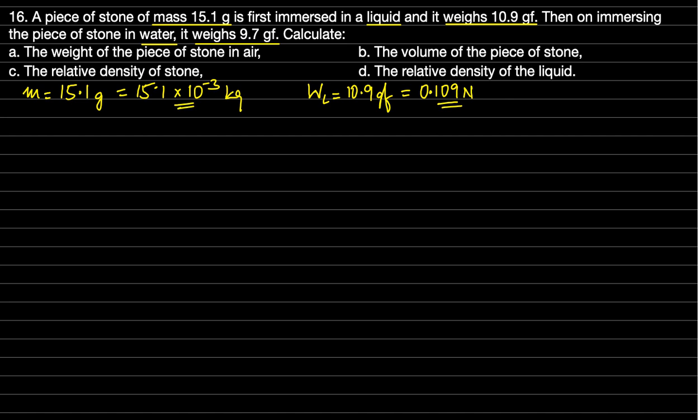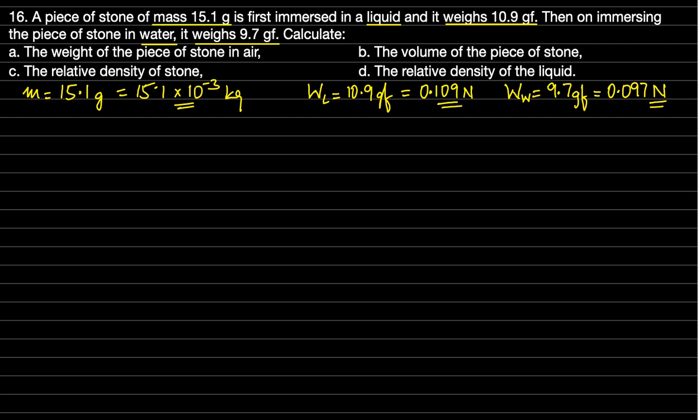Weight in water, that is WW, will be equal to 9.7 gf. Dividing by 100, we get 0.097 newtons. So we have got weight in water as 0.097 newtons.